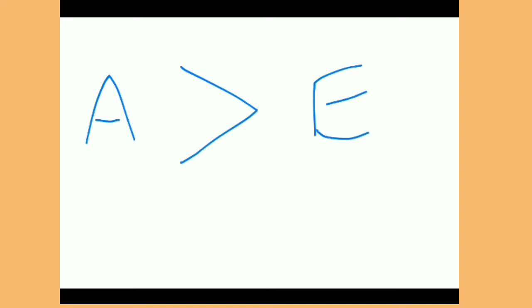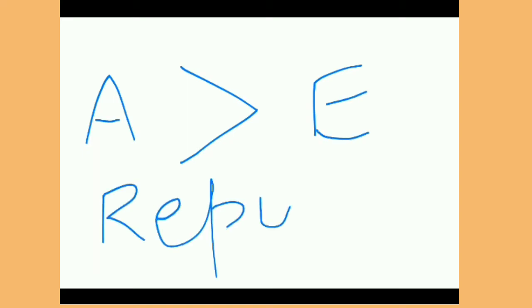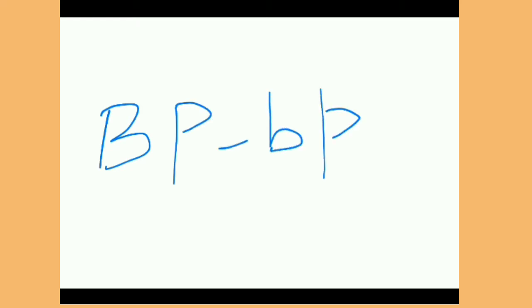And there is a fact that axial bonds are always longer than equatorial bonds. Reason? Due to repulsion. What kind of repulsion? Due to bond pair repulsion. What kind of bond pair repulsion? Due to axial bond and equatorial bond pair repulsion.